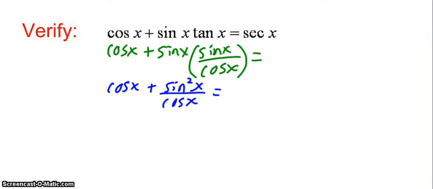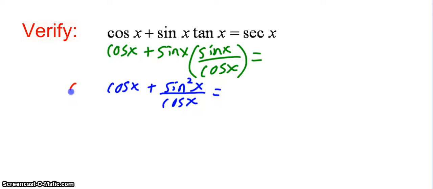over cosine of x. Okay, so now let's think a little bit more. All right, I know I have this cosine in the denominator that I can make a secant. That's good. But also notice that what I'm trying to get to is a single term. Right now I have two terms separated by addition. If I get a common denominator, I can make this into a single term though. So let's do that.